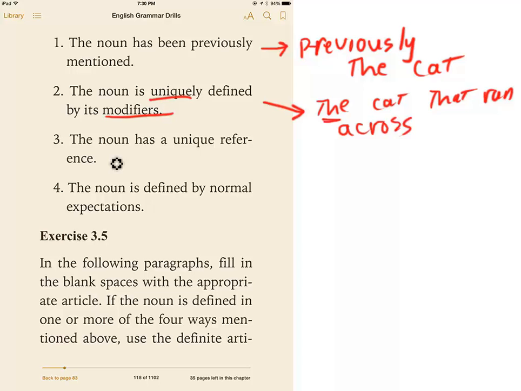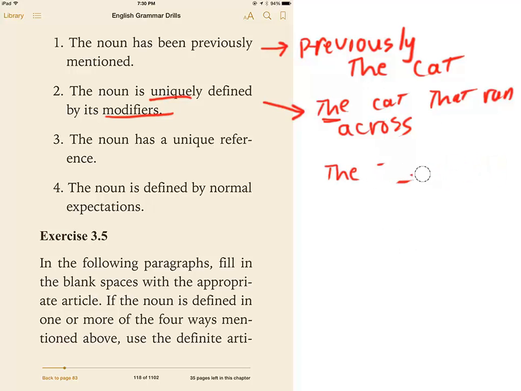Okay. The noun has a unique reference, which means that there's, for example, the zoo. Well, that's a unique reference because usually in a city or in a county, there's usually one zoo. Everyone knows which zoo you're talking about. It's one zoo, okay, because it's the only zoo in the city.